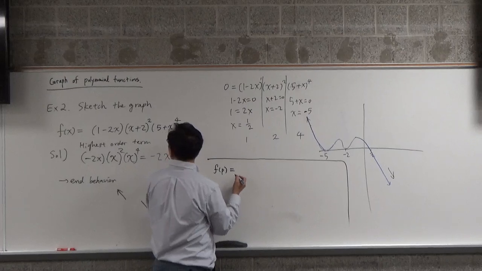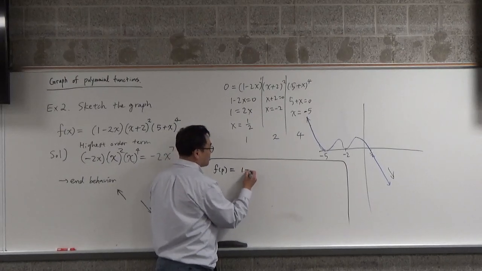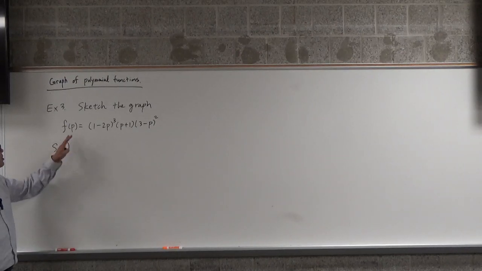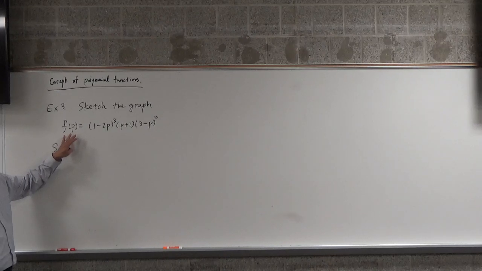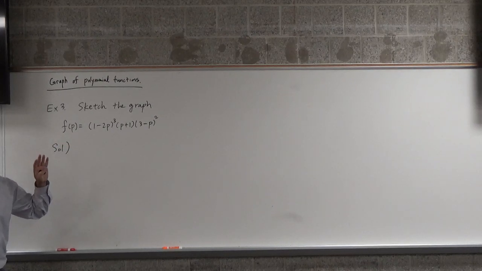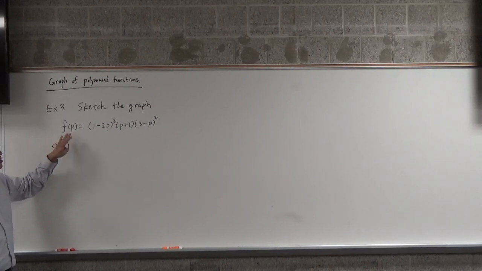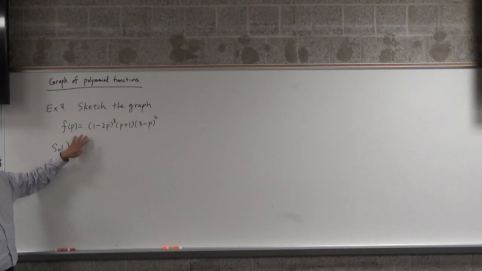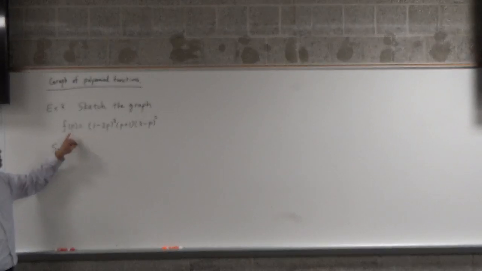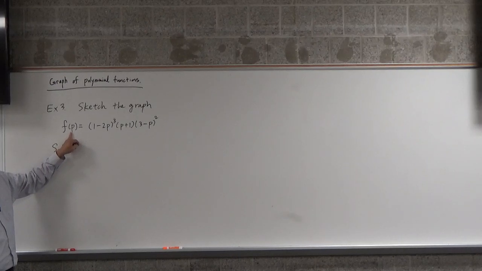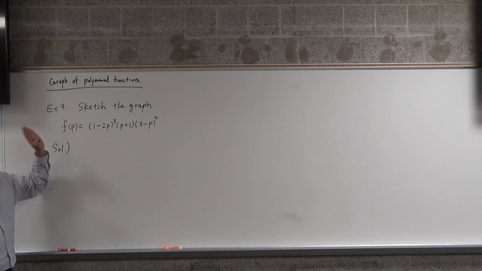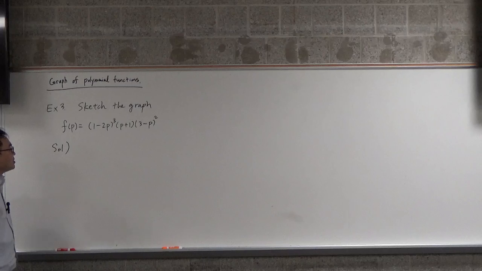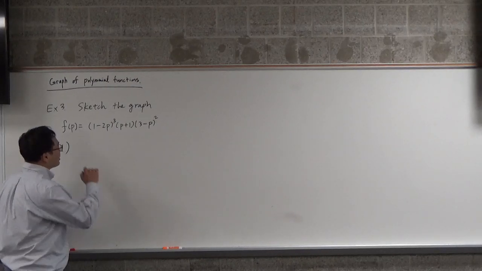Hopefully this p instead of x is not going to mess it up. If you have problem solving questions like this, just rewrite the question with x instead of p, and it should be fine.